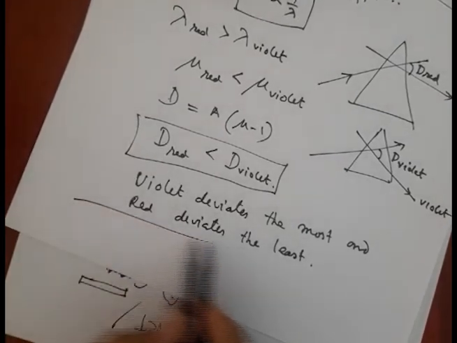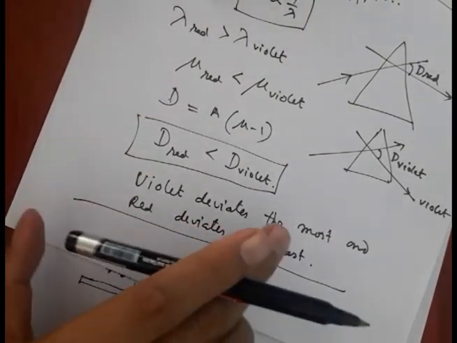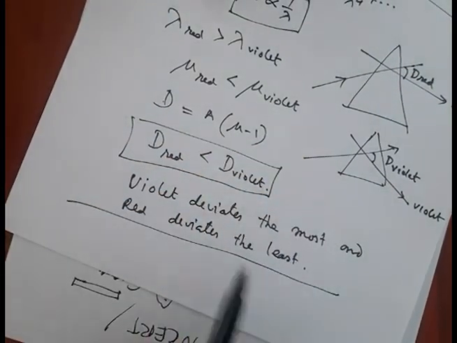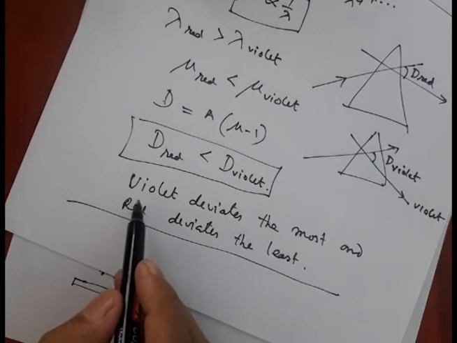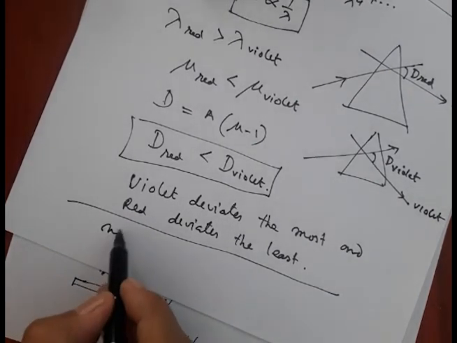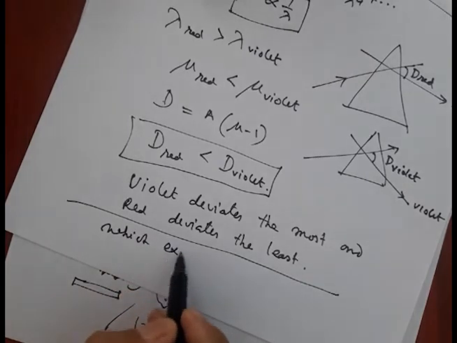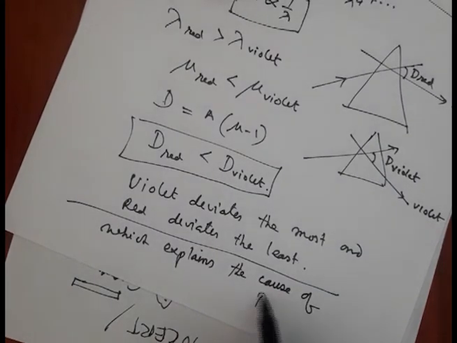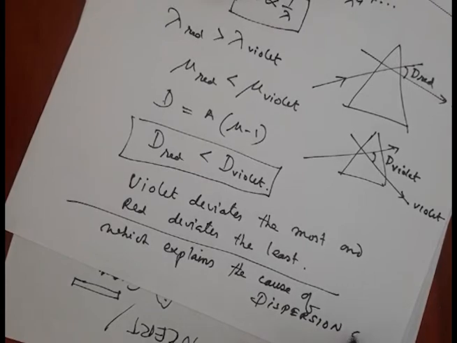So it means that there is deviation of different colors, which is nothing but dispersion. When you conclude like this, it has already explained the cause of dispersion of light.